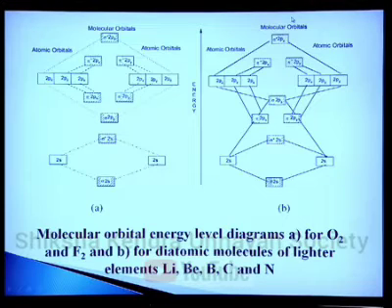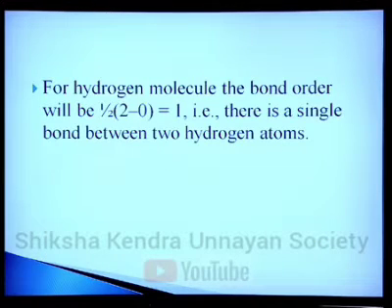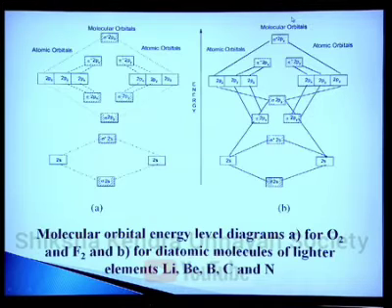Now these diagrams are given for fluorine and oxygen molecules. Oxygen has 8 electrons and fluorine has 9 electrons. It means oxygen has a total of 16 electrons, and fluorine has 9 plus 9, 18 electrons. You can subtract 4 electrons because 1s will not take part in the bonding. So oxygen will have 12 electrons to be accommodated here, and fluorine has 18 minus 4, that is 14 electrons.